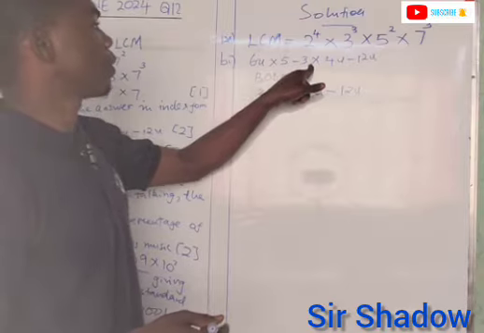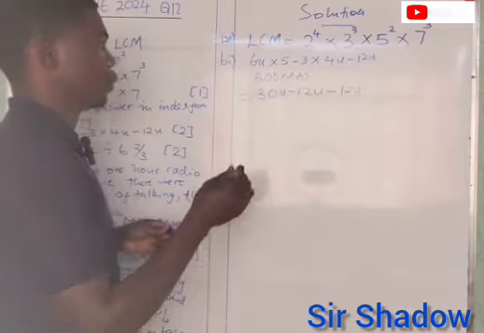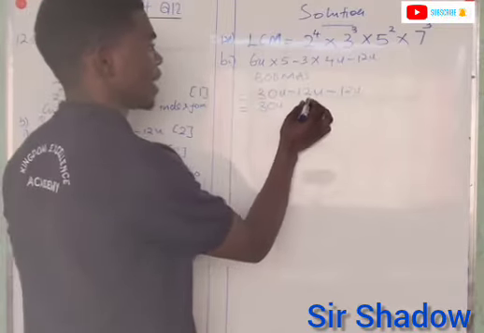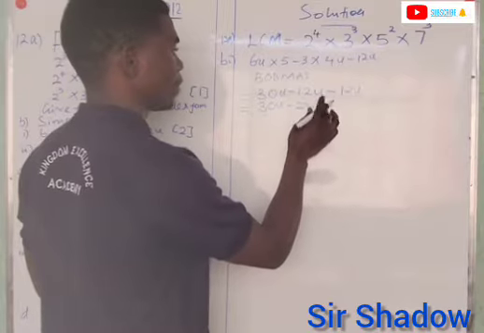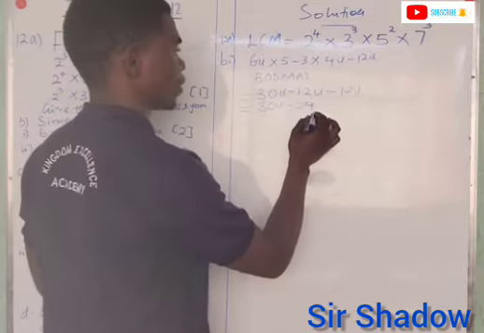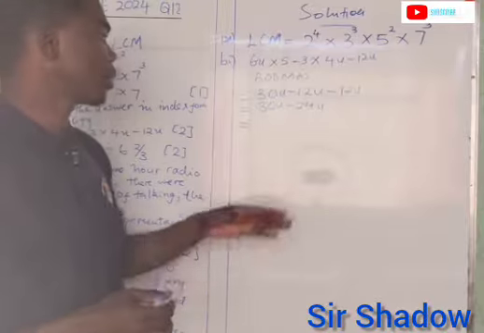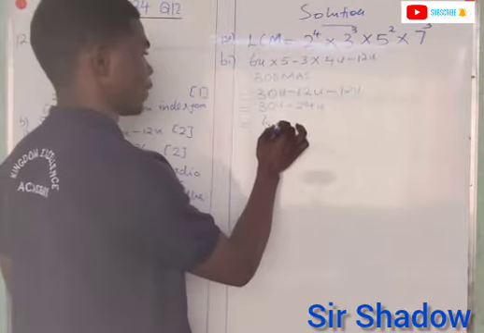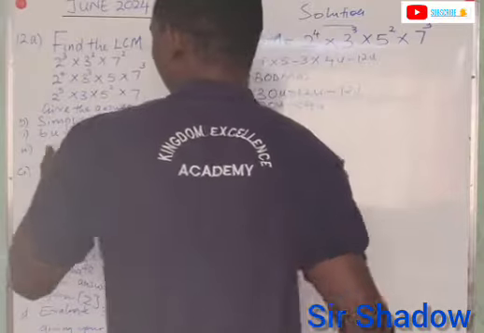Then minus 3 times 4u, which is minus 12u. Then minus 12u again. So 30u minus 12u minus 12u is 30u minus 24u, which gives us 6u. This is how to simplify the given question.